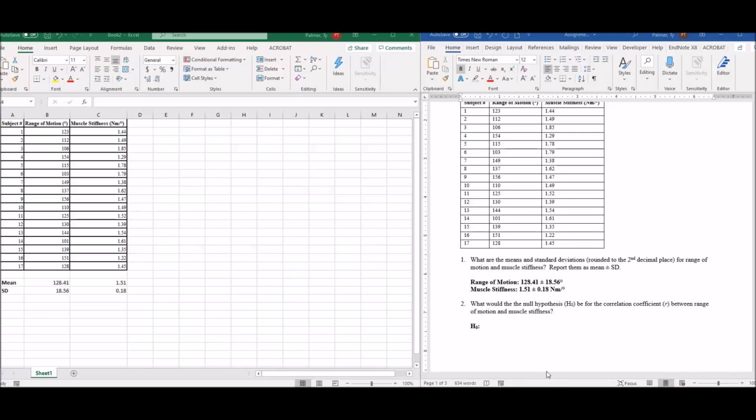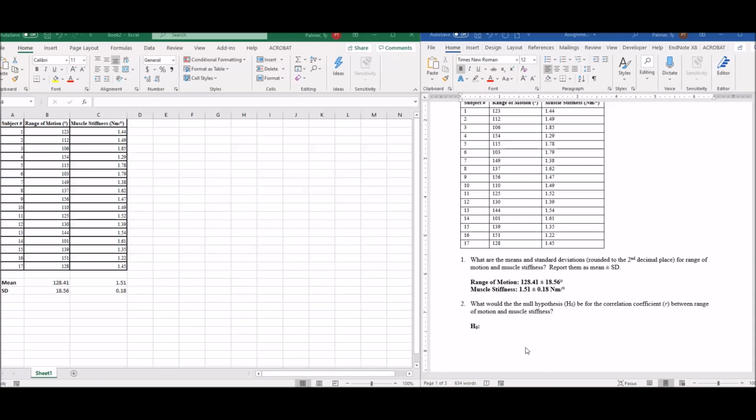In the PowerPoint, there are several slides that talk about statistical significance. And on one of those slides, it talks about the null and alternate hypotheses when we work with correlations. For the null hypothesis for a correlation coefficient, what is it going to be?